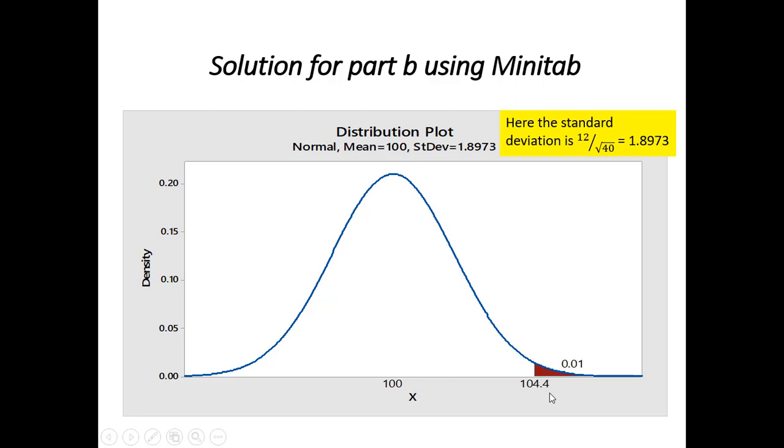We get 104.4. Again, the one thing you have to remember is we're looking at the distribution of x bar. So the mean we assume is 100, but x bar has the standard deviation 12 over the square root of 40. Again, that comes from the central limit theorem.